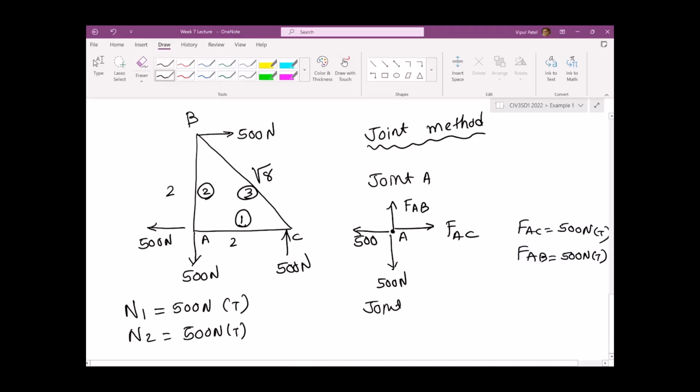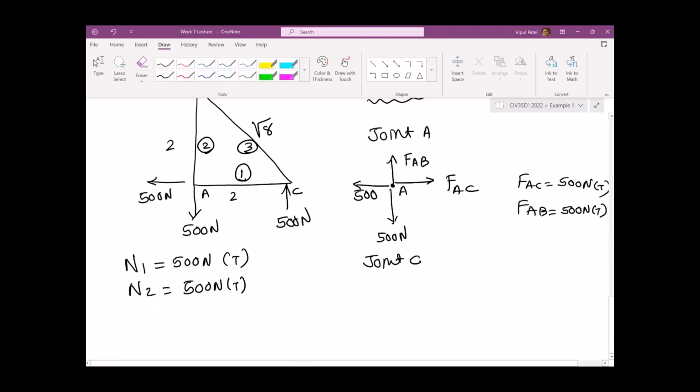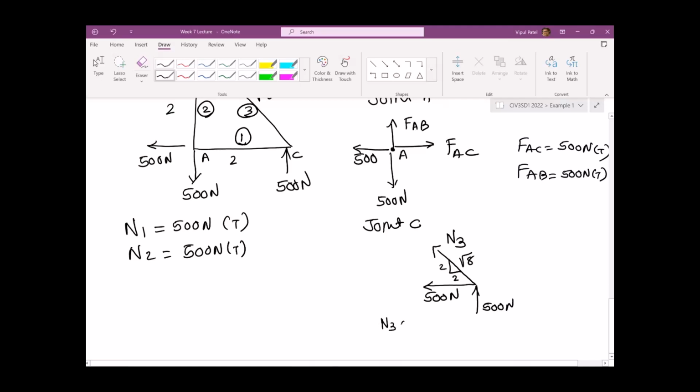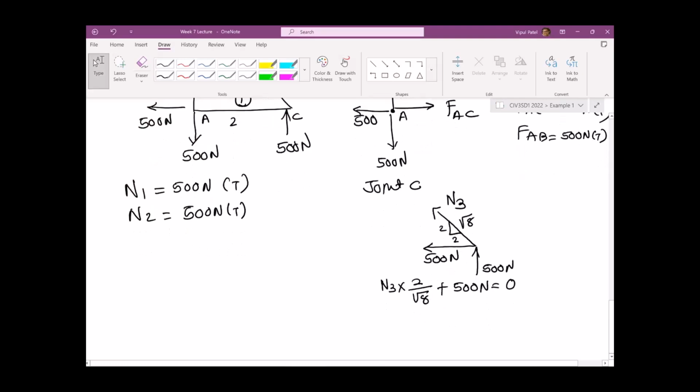And we can use the joint number C. This is 500 newtons. This one 500 newtons. And this one N3, let's say. So 2, square root 8. So N3 vertical component 2 on square root 8 plus 500 newtons equal to 0.